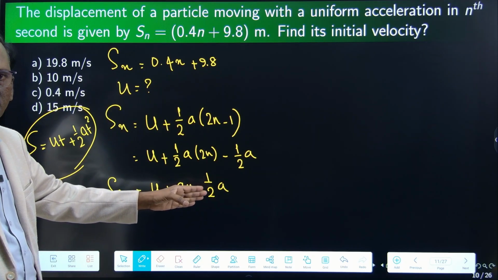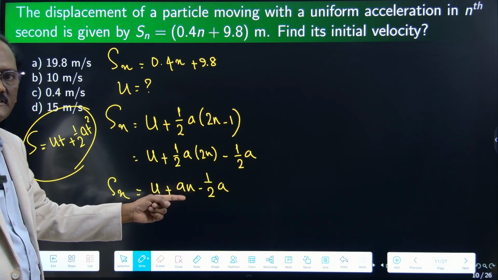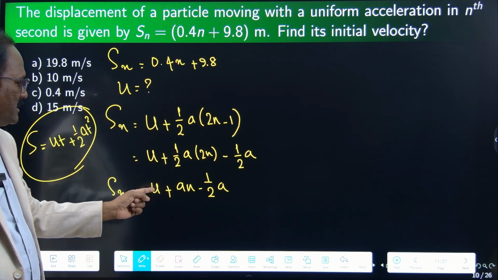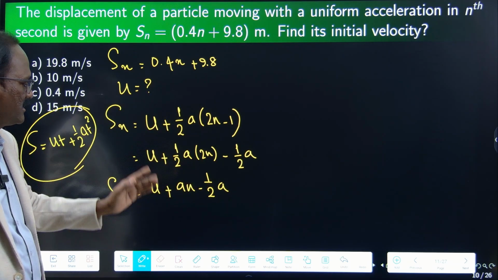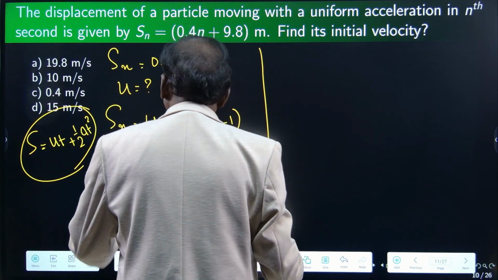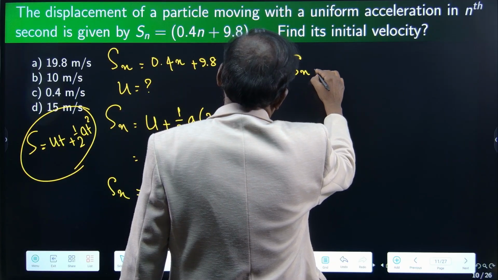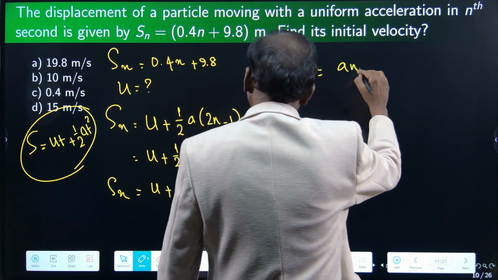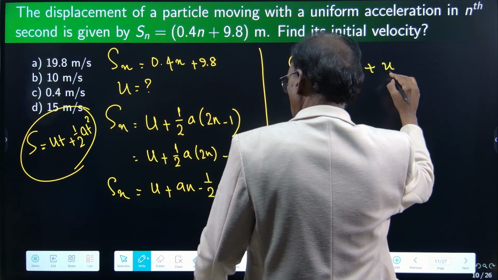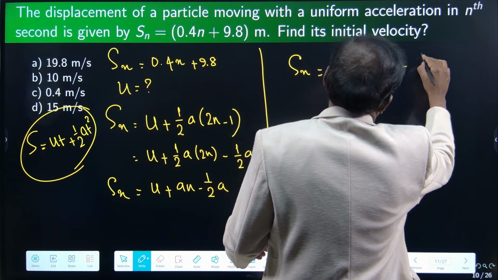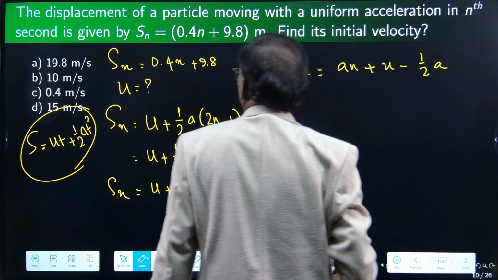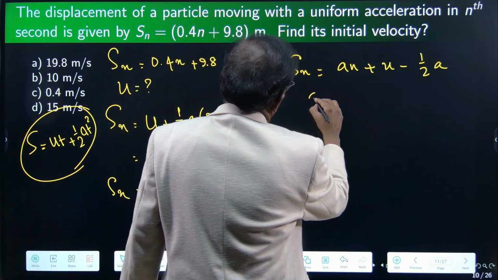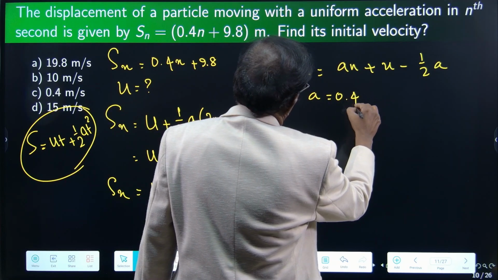Only one term has n in the product. Here there is no n, here there is no n. I will write it this way: Sn = an + (u - a/2). So instead of a we have 0.4. A = 0.4.